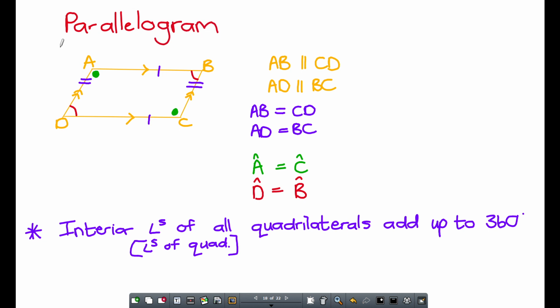Another way that you can actually write that is, remember these are parallel lines, no? So if you want to talk about a parallelogram, you are allowed to write it like this. So instead of writing out that full word, you can just write that. So parallel and then a little M at the top, parallelogram. You good?